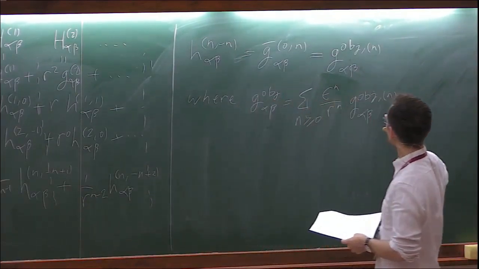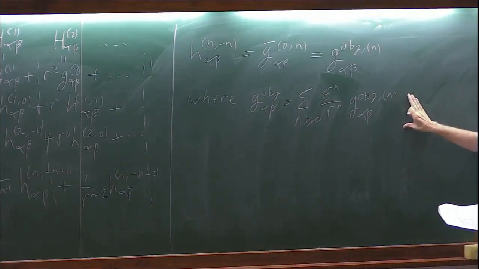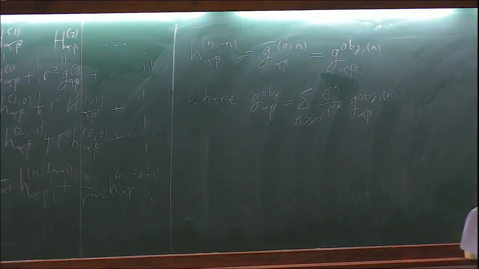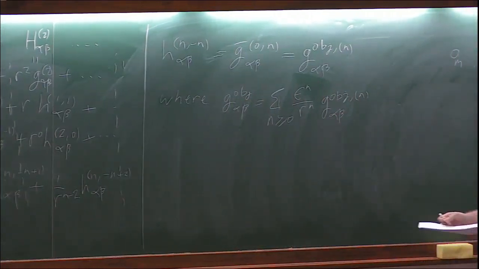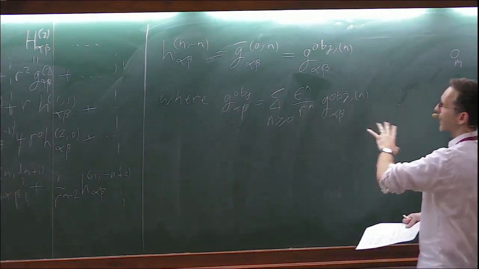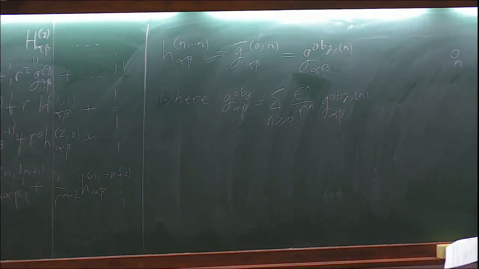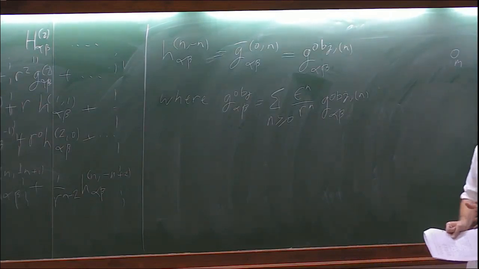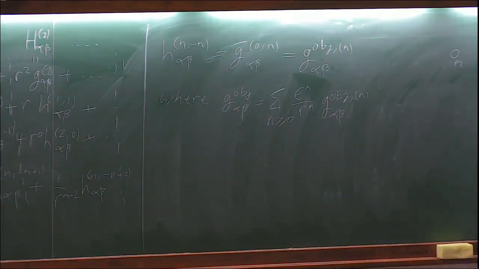Now, one thing you may not know is that if you have an asymptotically flat spacetime, or at least a quasi-stationary asymptotically flat spacetime, and if you expand it near infinity, then you can define multipole moments of the spacetime just from the form of the metric at infinity.